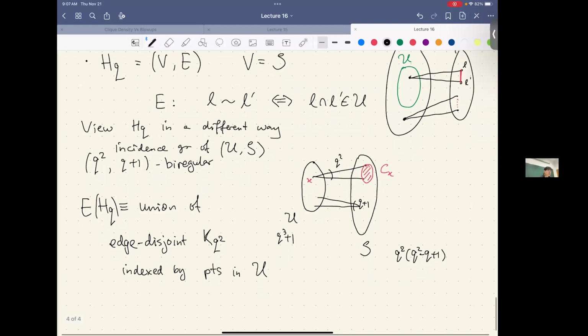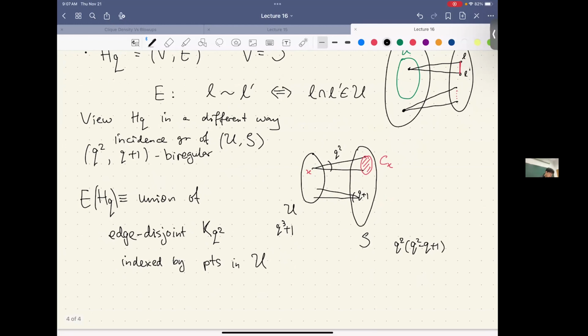So we've just proved that, and you can show that this is a maximal clique. The number of maximal cliques equals the size of U, indexed by points in U, so it's q q plus 1. That's one of the properties we mentioned about HQ.